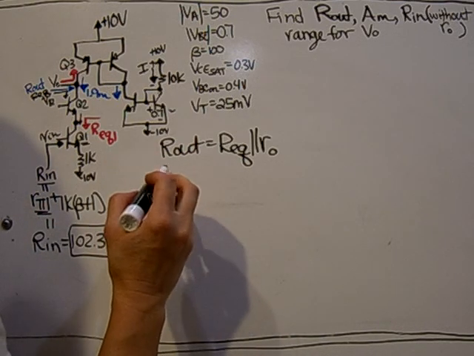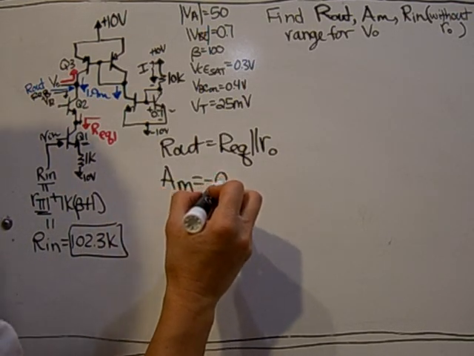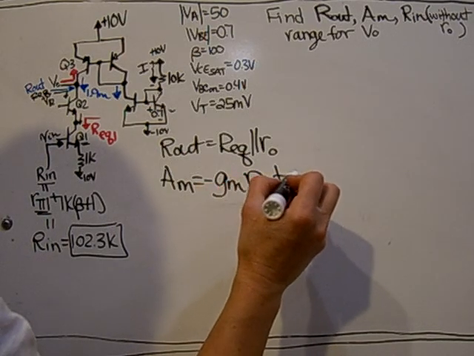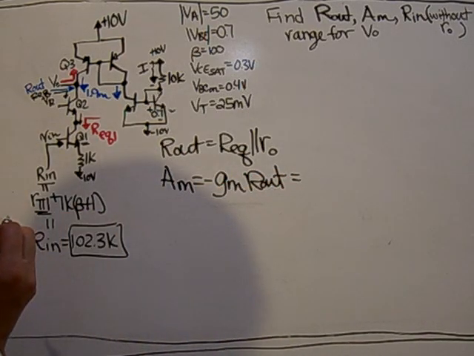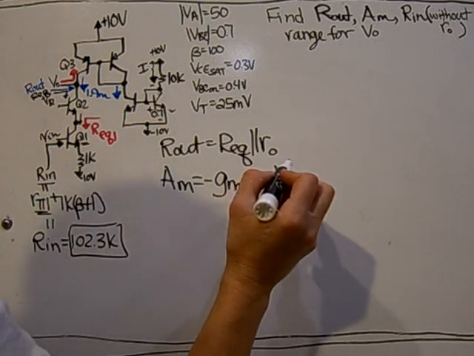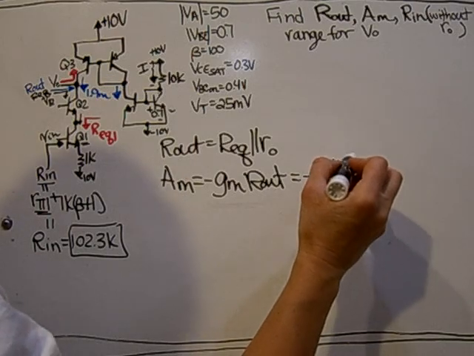So the midband gain now is going to be minus gm R out, which gives a value of minus 98 volts per volt.